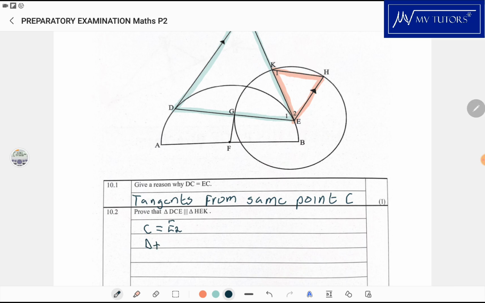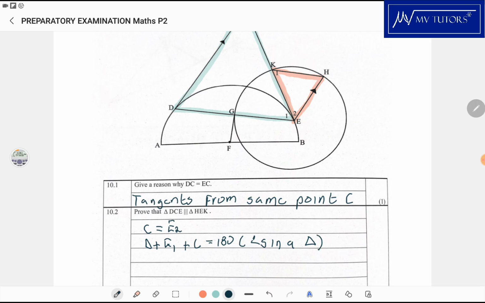D plus E1, plus the angle C is equal to 180. This is because of sum of angles in a triangle. So I'm just going to write angles in a triangle.